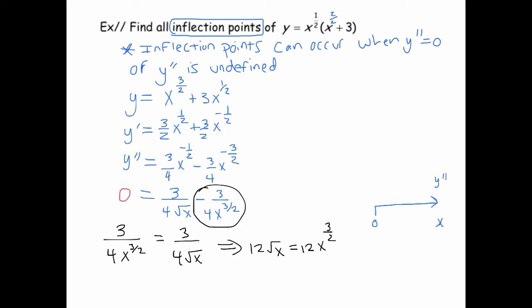And you can get rid of that square root of x and that fractional exponent by squaring both sides. So this ends up being 144x equals 144x cubed.